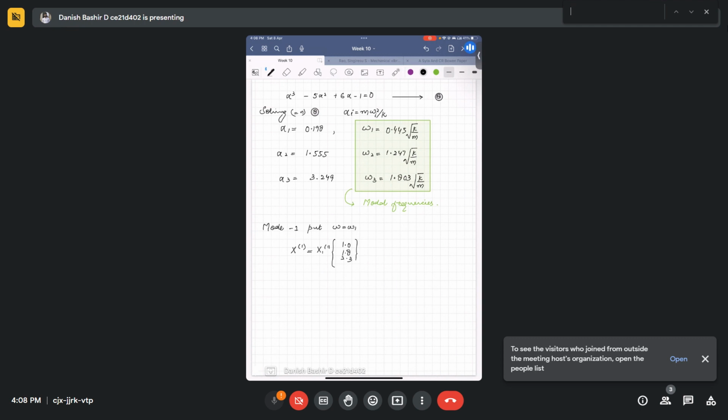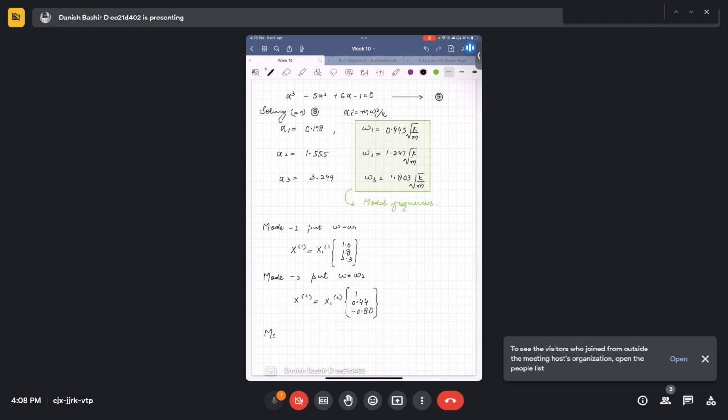Okay, this will be one mode. Similarly mode 2: put omega equals omega 2, and we will have the mode vector x1 of 2, and these ratios will be 1, 0.44, minus 0.80. Okay, this is mode 2.